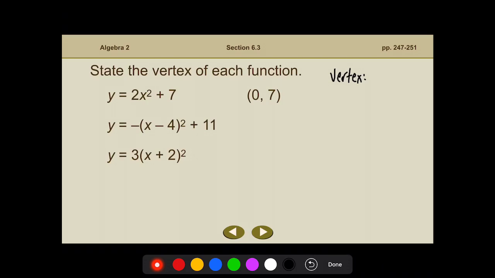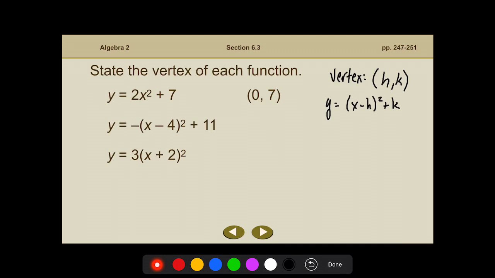The vertex is going to be equal to h and k. So whatever the h and k are that correspond with the equation that you also should have written down, y equals (x minus h) squared plus k. That's where we get the h and k from. So if you know h and k, then you know the vertex. You know that coordinate where the parabola is going to start.